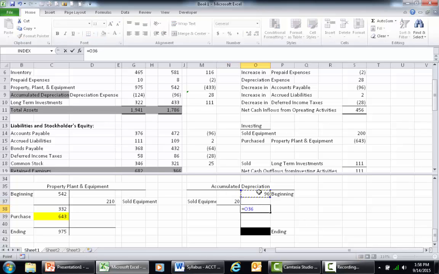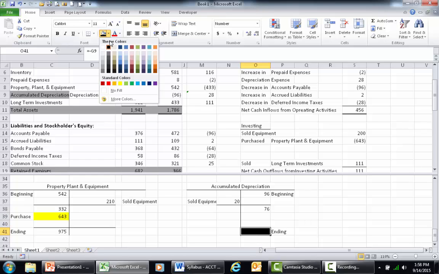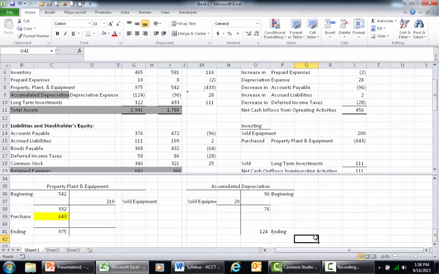And we'll take 96 minus 20. If nothing else happened, we should have an ending balance of 76. Then we go back and we look at what the ending balance was. It was not 76, it was 124, which means that something had to have happened to bring that up from 76 to 124.